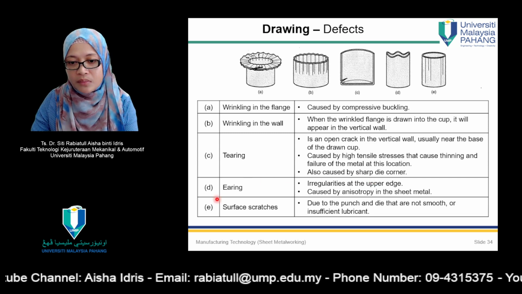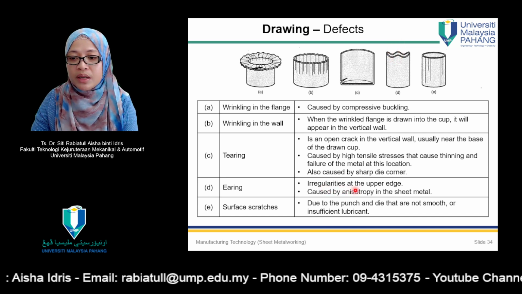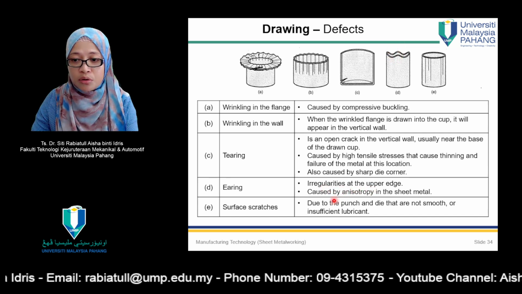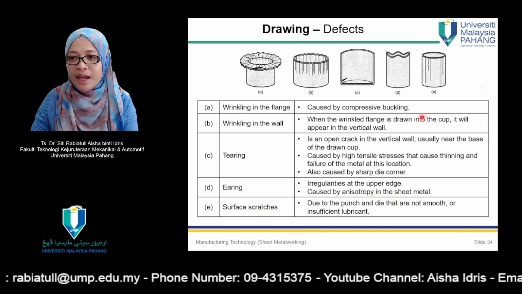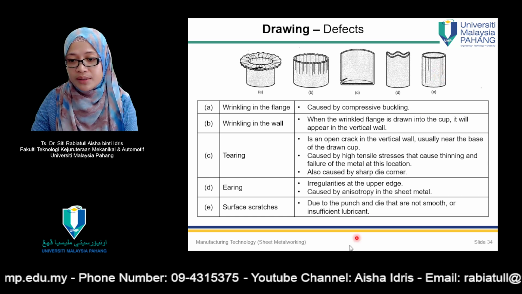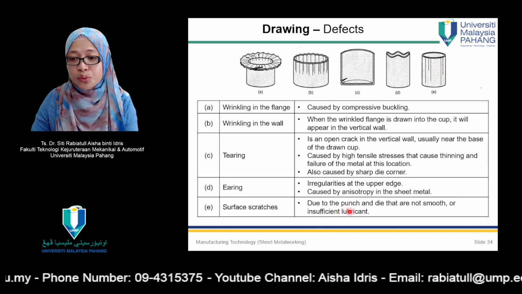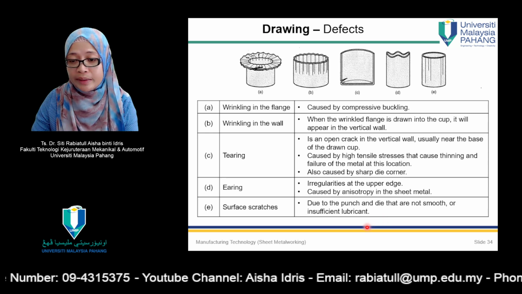Number 3 is earring. Earring is irregularities at the upper edge caused by anisotropy in the sheet metal. And number 4 is surface scratches. This happens due to the punch and die not being smooth or insufficient lubricant.